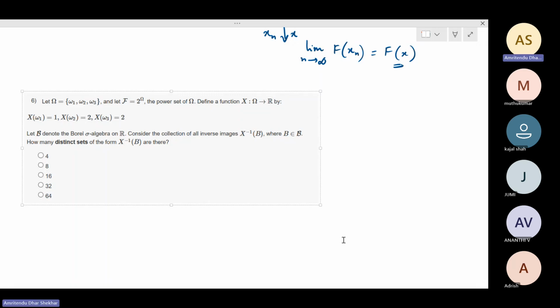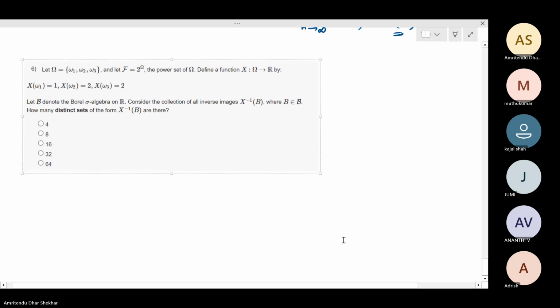How many distinct sets of the form x inverse of b are there? Okay.